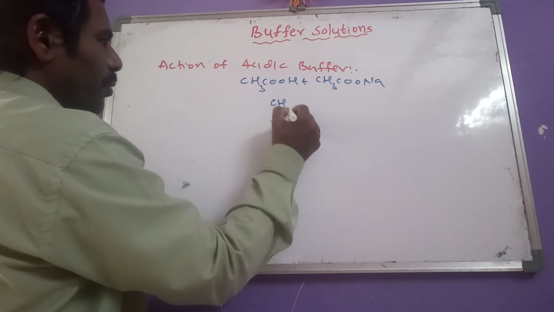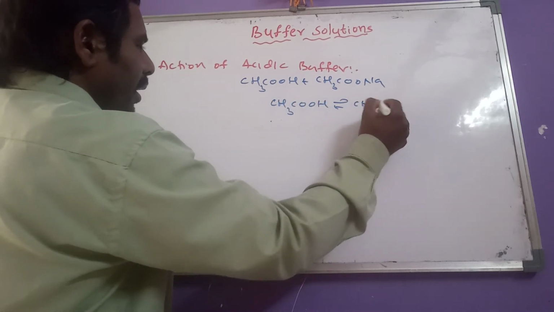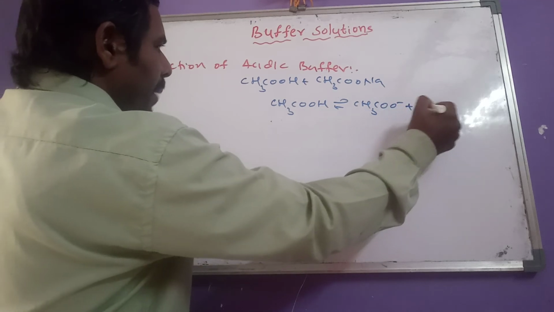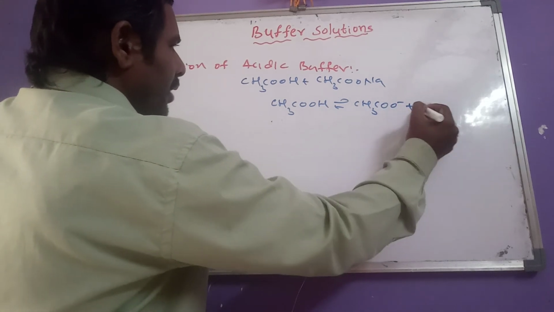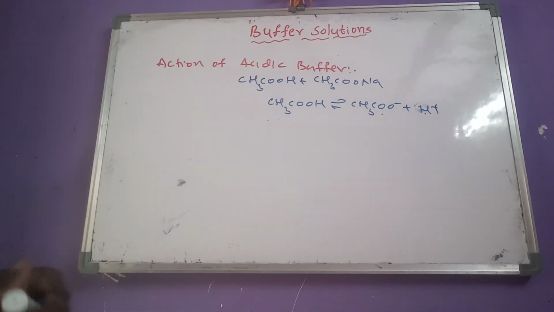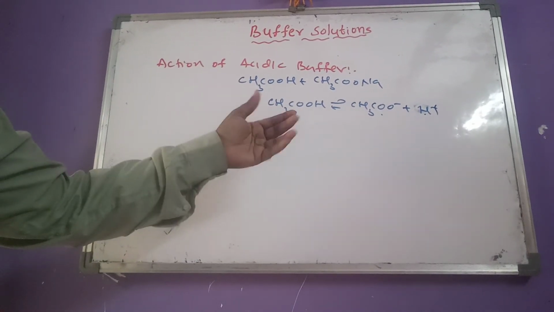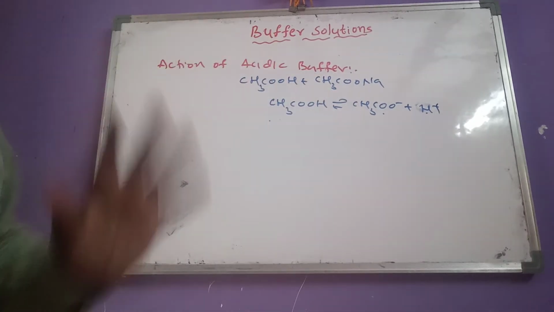In these two, acetic acid is a weak acid, so it undergoes only partial ionization to give acetate and H+ ions. Partial ionization means only 1% or 2% ionization takes place.